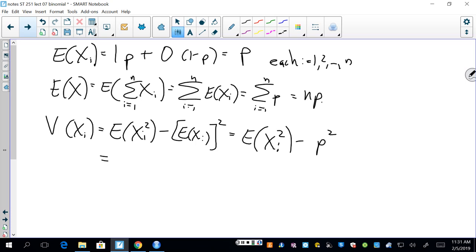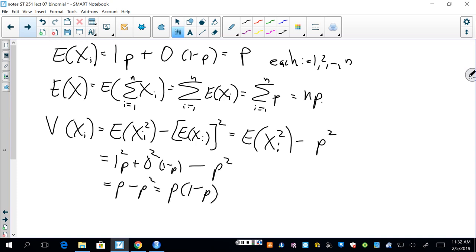In terms of values, x can take 0 and 1. So x squared can take 0 and 1. So 1 squared, and if x has probability p of getting that one, you get a p here. 0 squared times 1 minus p. And then we have this minus p squared. So we end up with p minus p squared, which we factor out to be p times 1 minus p.